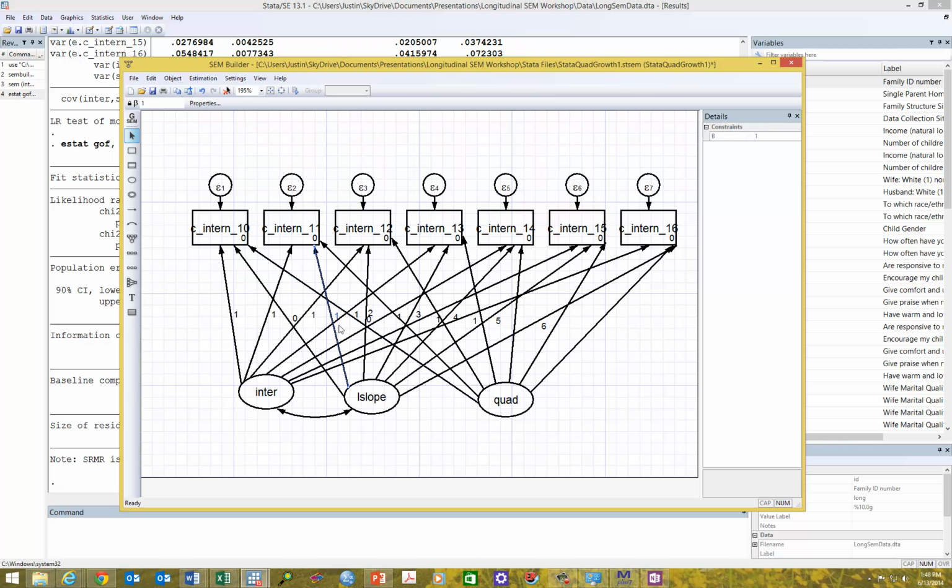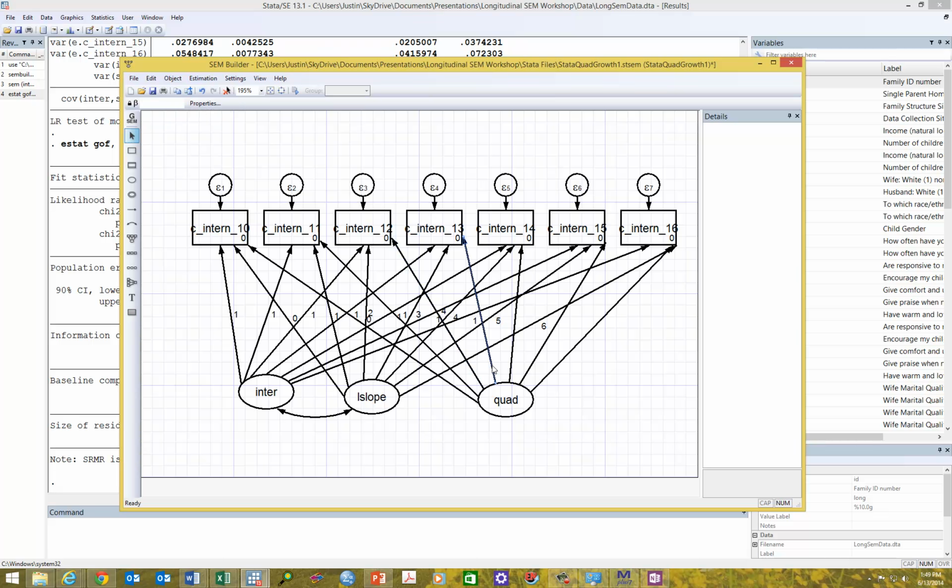Now we'll go on to this next one. This slope is constrained at 1, and so for the quadratic slope, we're just going to square that, and again that's going to be 1. The square of 1 is 1. Now this next one, at age 12, is constrained at 2. The square of 2 is 4, so we're going to add 4 in there.